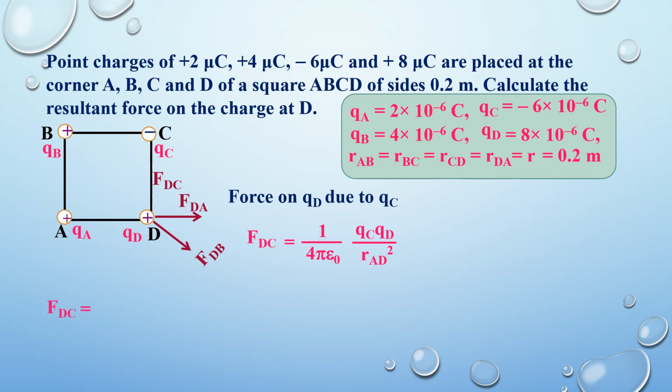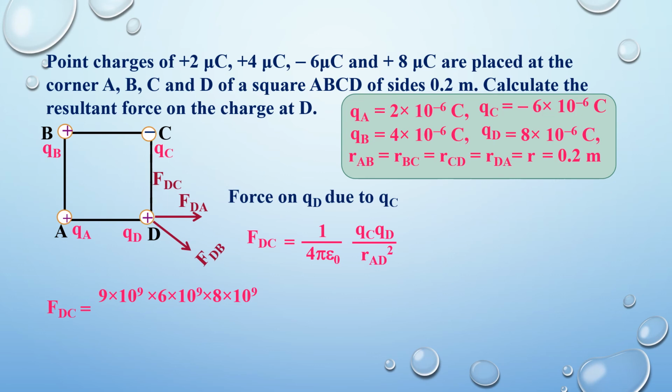So FDC is equal to 9 × 10^9 into 6 × 10^9 into 8 × 10^9. I think there should be a correction here. I should have the charge at C as 6 microcoulomb, so this should be 6 × 10^-6 and 8 × 10^-6. I hope all of you please check these corrections.